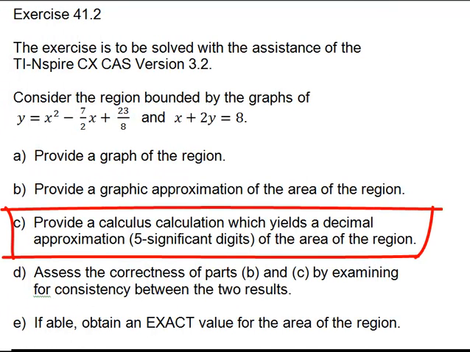Part C, provide a calculus calculation which yields a decimal approximation, 5 significant digits, of the area of the region. Okay, in calculating an area in calculus, in rectangular coordinates, basic idea is to slice up that region into thin rectangles and then sum the areas of those thin rectangles.